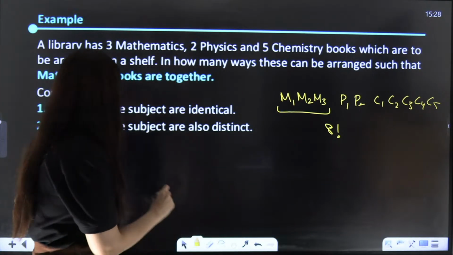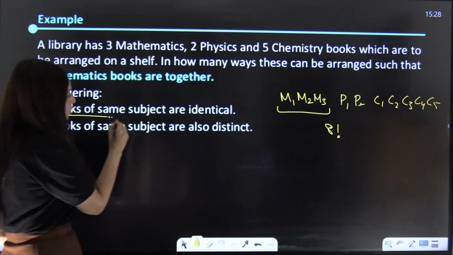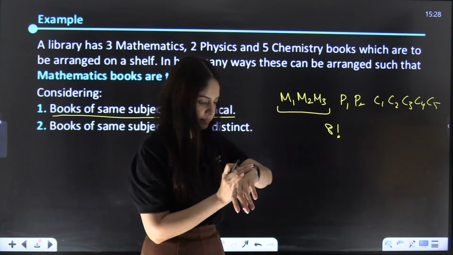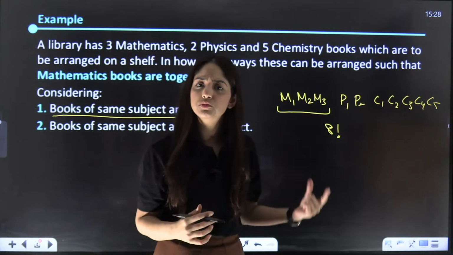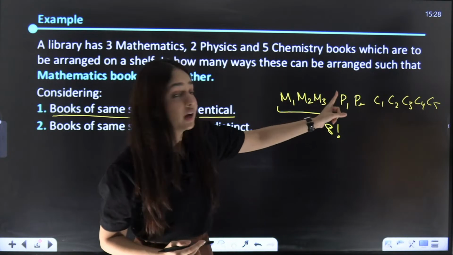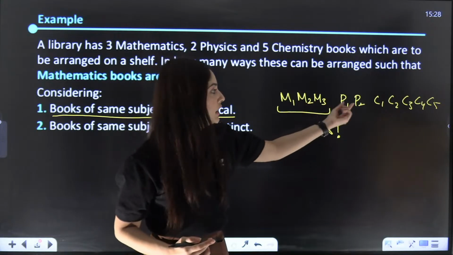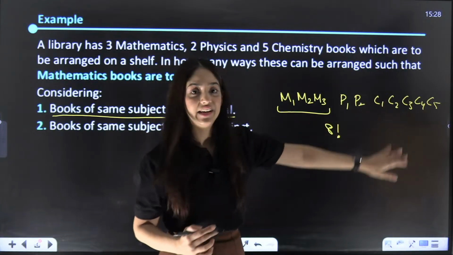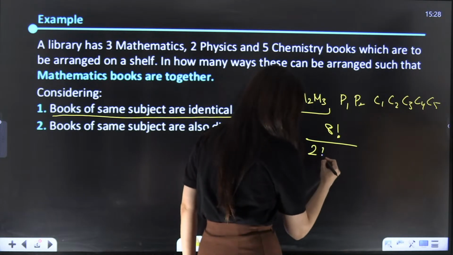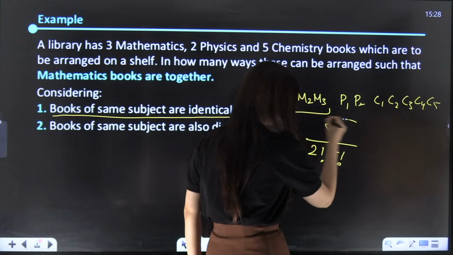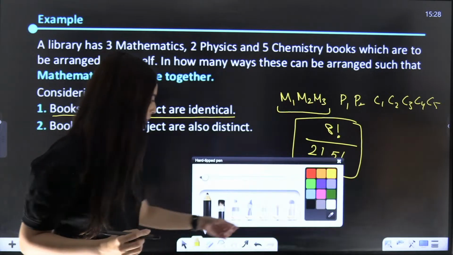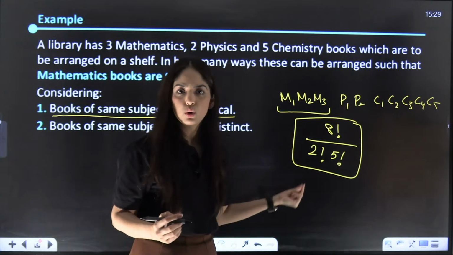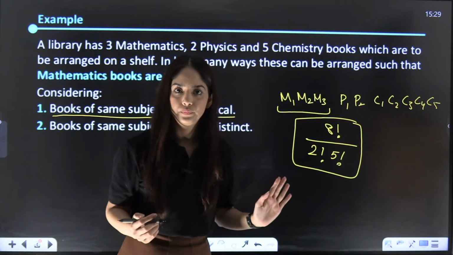But in the first case, books of the same subject are identical, which means, if you remember from the permutation lecture, P1 and P2 are identical. We have 2 identical P's and 5 identical C's, so we divide by 2 factorial and 5 factorial.